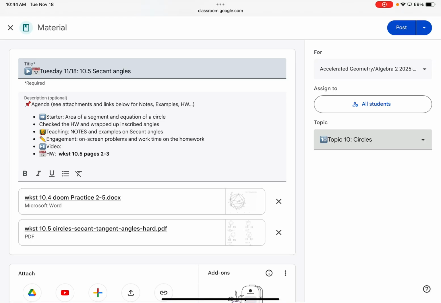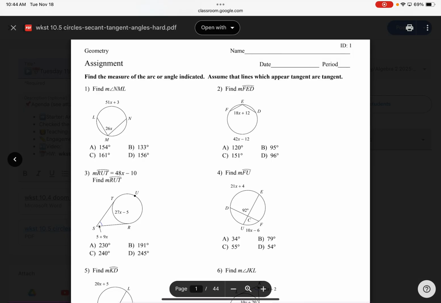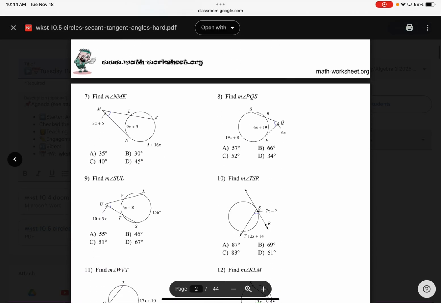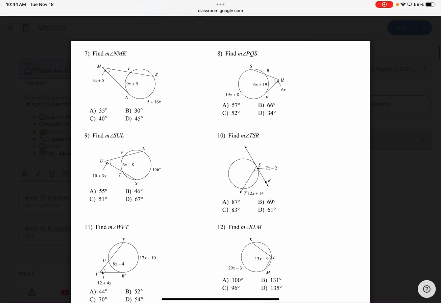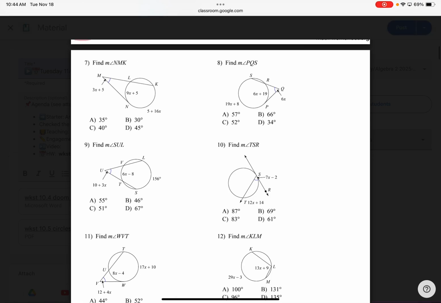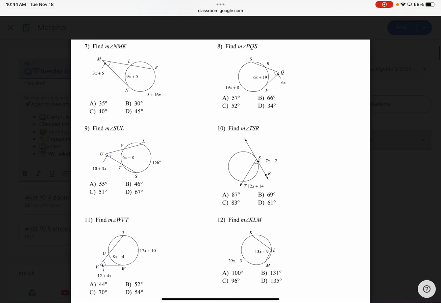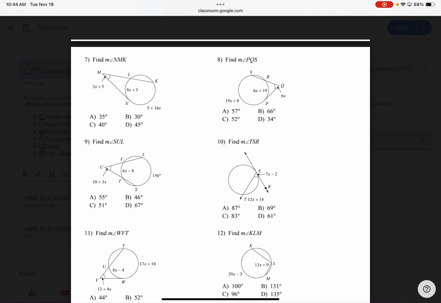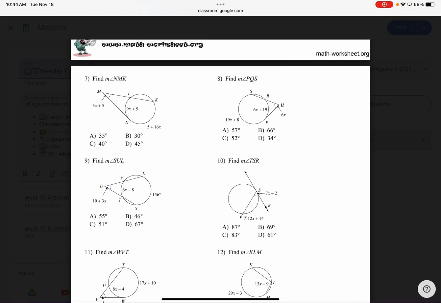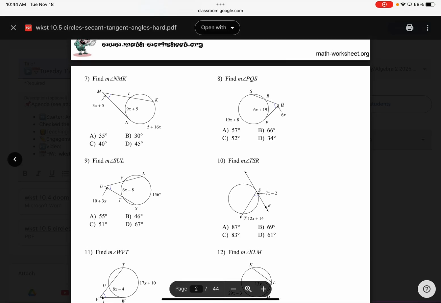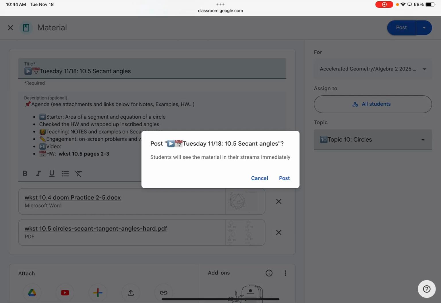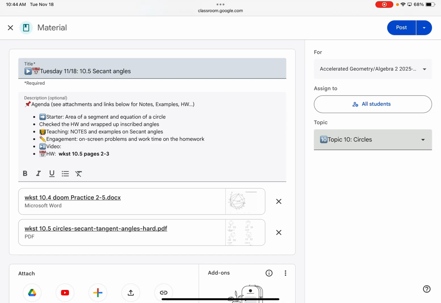So it's going to be the one that says circles, secant, tangent, angles, hard. It says hard. It's actually not any different than what we've been doing. I'm not sure why it says that. And you're going to start on number 7. So this is page 2. And I don't want you to do all of them. So start on 7, and then I'll tell you which ones to do from there. So let me go post this so you can get it. Of course, I'll come back and update it later on.